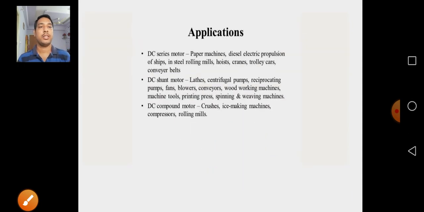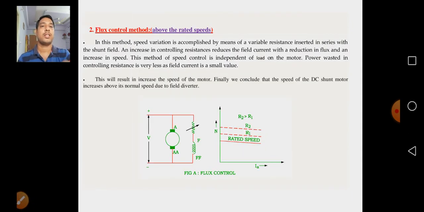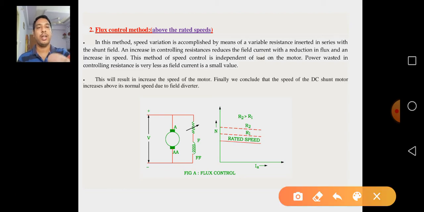And the next method is the flux control method. That is the second control method of the DC motor, the field flux control method. Now I am going to connect one field rheostat across the field winding. Before, we connected it across the armature winding; now we are connecting it in the field flux control method.